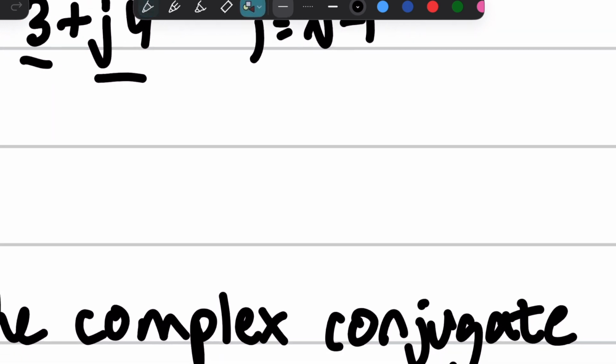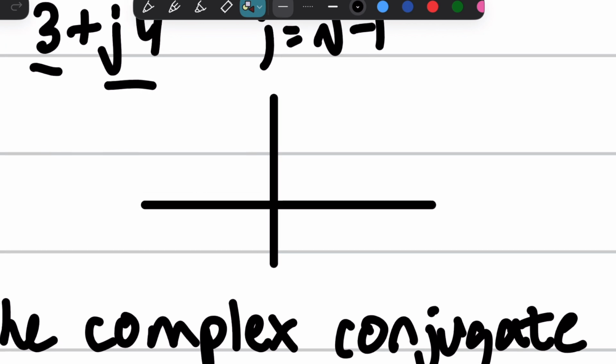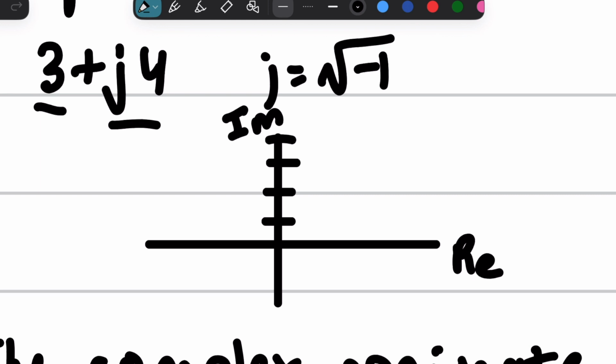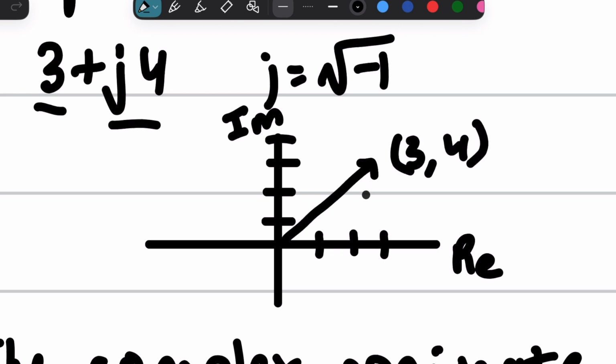Okay? And actually, because this is a vector, we can write it in a grid form where the y-axis is imaginary and the x-axis is real. So this would represent the vector 3, 4, right? And this is where the triangle idea comes in, okay?